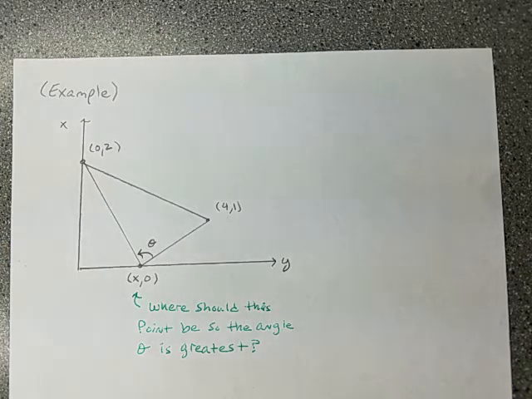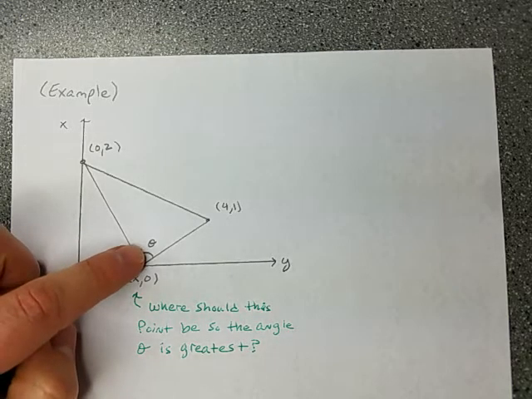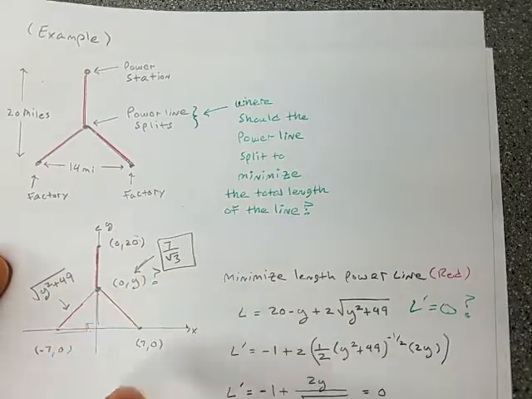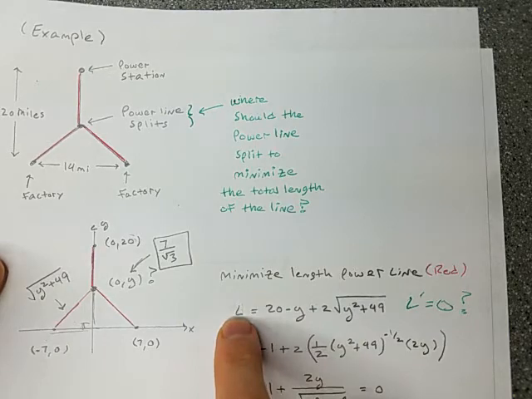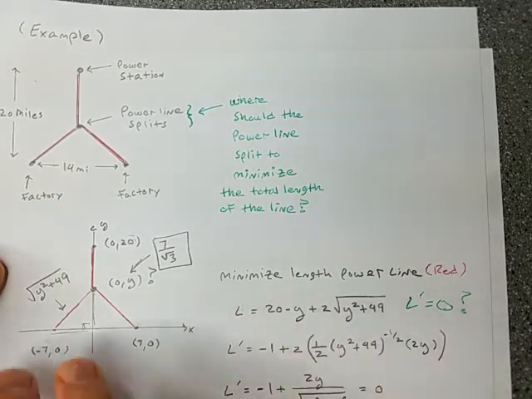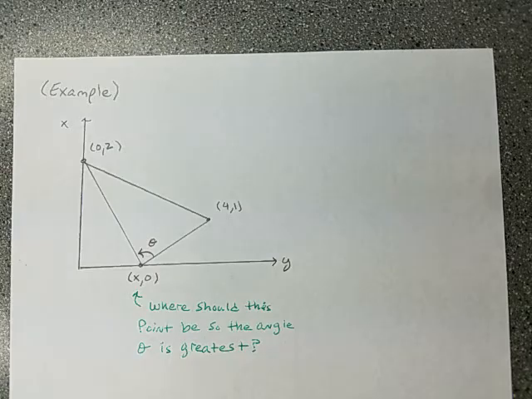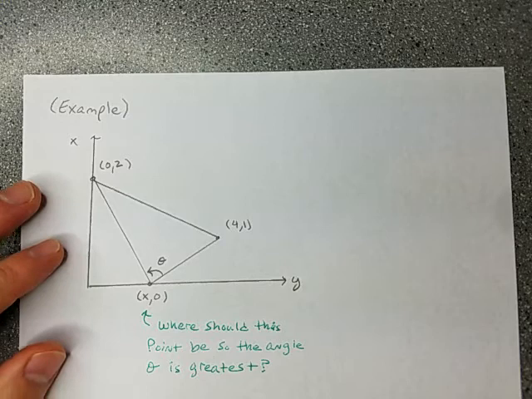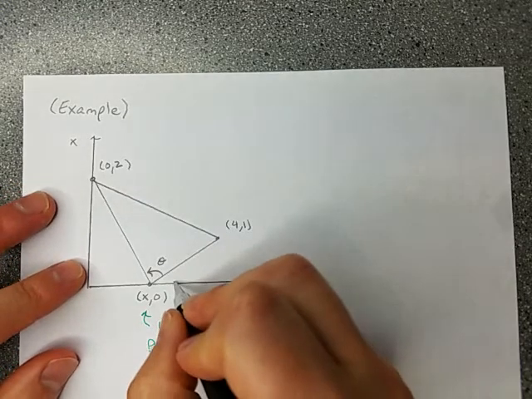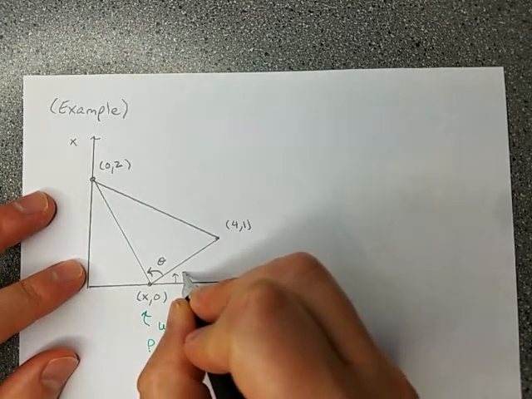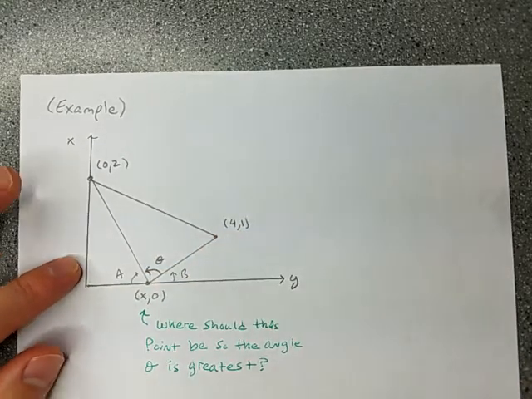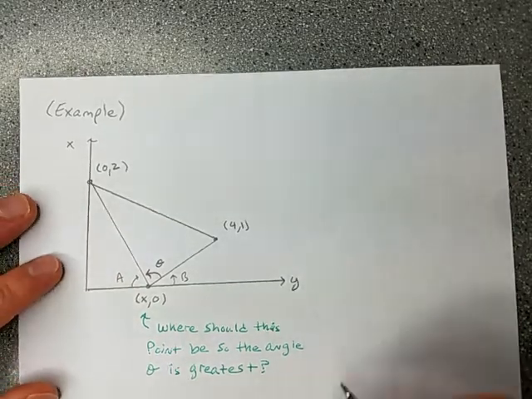If it's like the others, we need a formula that expresses theta in terms of something else. Like if I want to minimize the length of the power transmission line, I need to put that length as a function of other variables that are involved. So I'll put theta as a function of something. Say this is angle B, and say this is angle A. Then I can relate these things together.